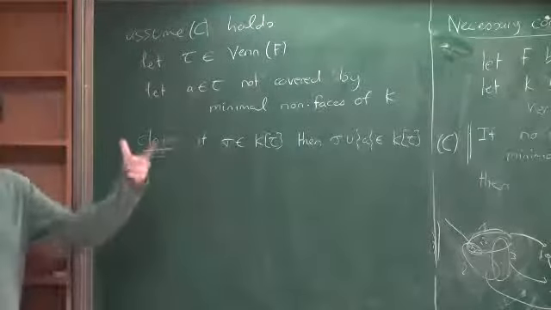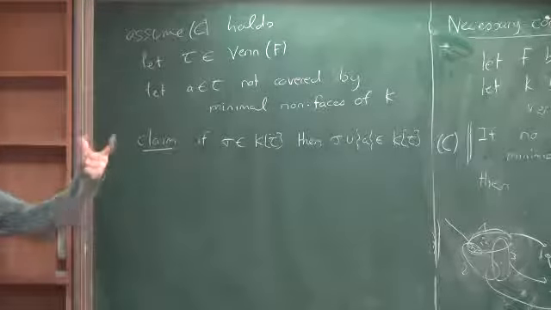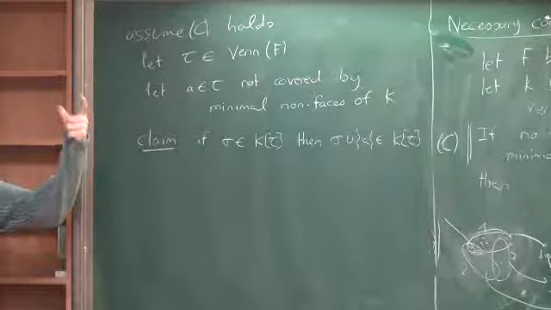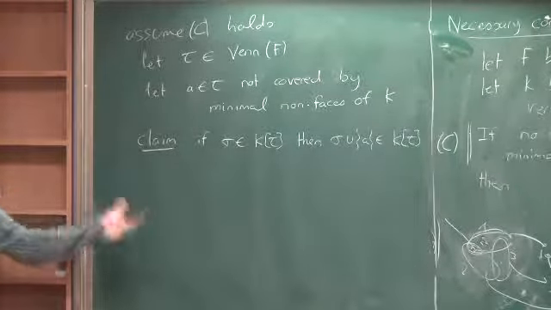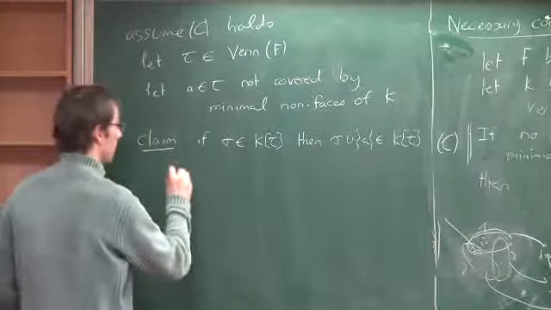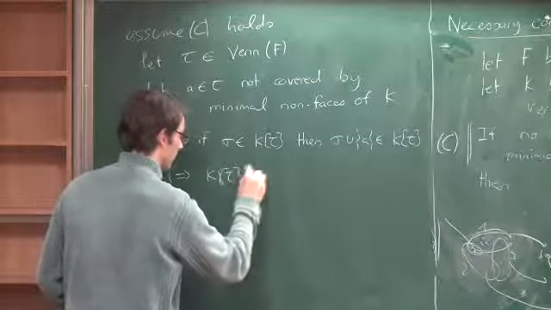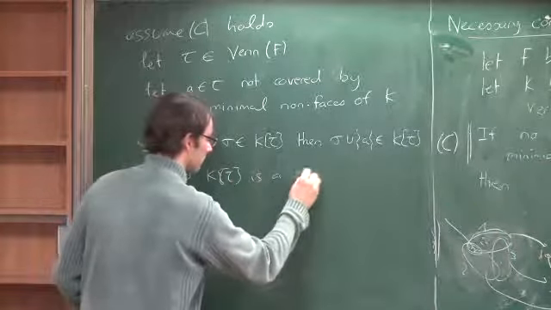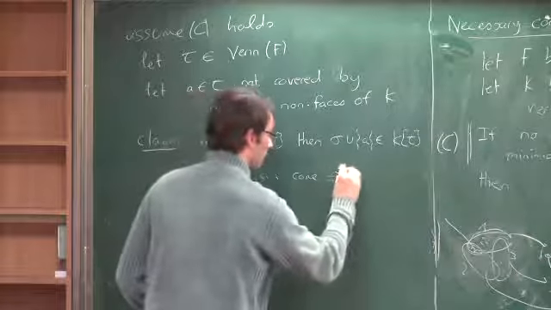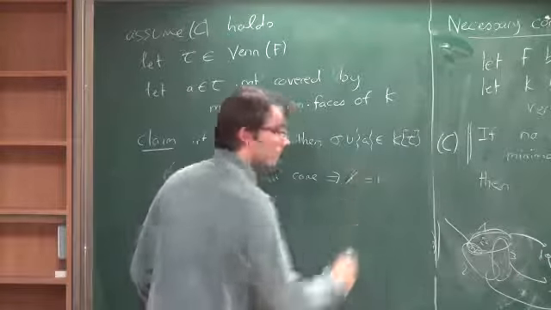But if it doesn't contain A, I can look at the simplex spanned by this face and A, and it will also be there. That would imply that K of tau is a cone, which would imply its Euler characteristic is 1.